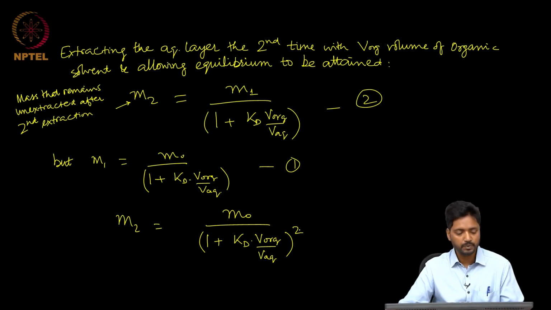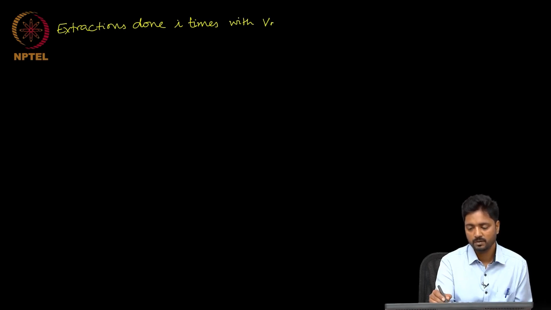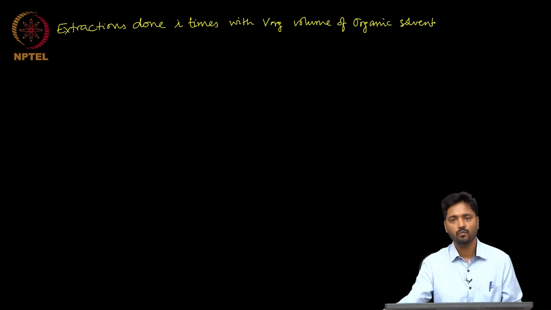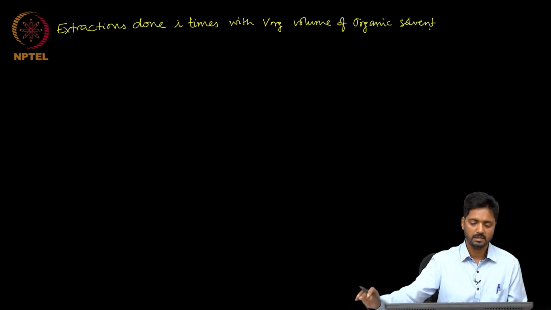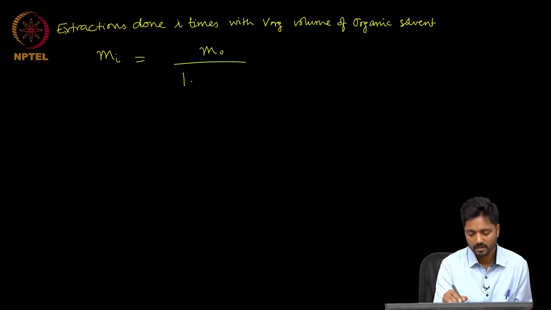Now, if we keep doing this extraction for i times, with V organic volume of organic solvent, then what we have is that the mass that remains unextracted after these repetitions of extractions is given by mi is equal to m naught divided by 1 plus Kd into V org by V aqueous to the power of i.